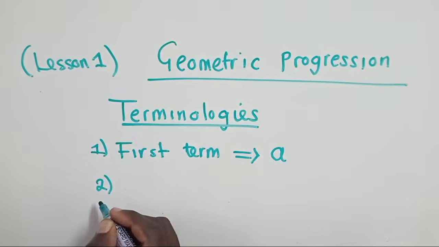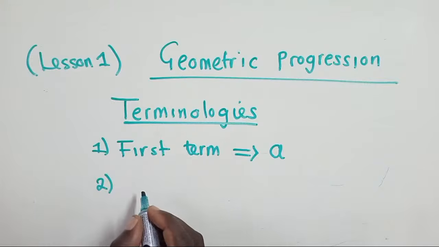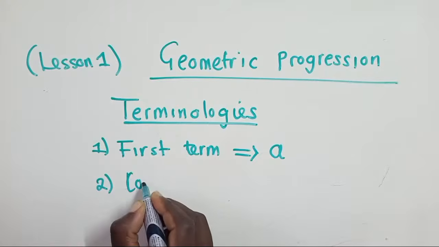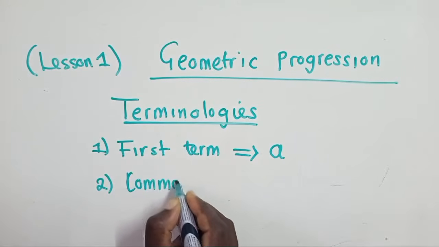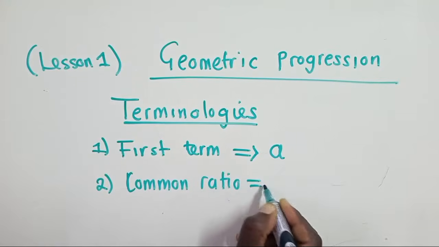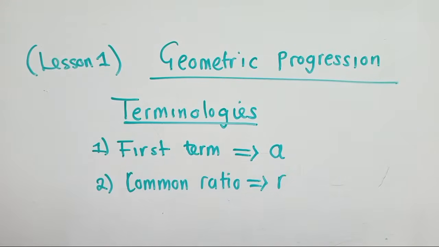The next thing that we must be aware of is the common ratio. This is also denoted by letter R. After the common ratio, we must be aware of the position.